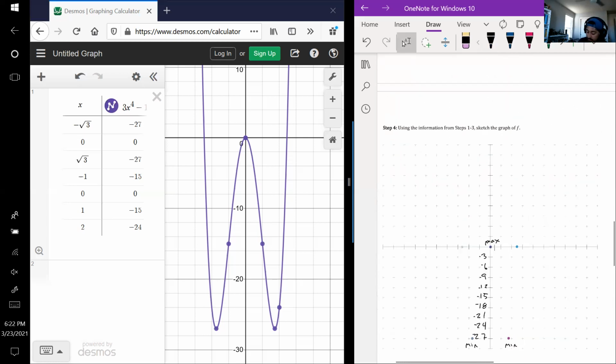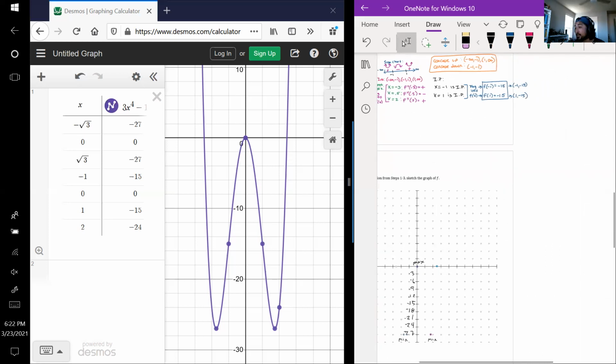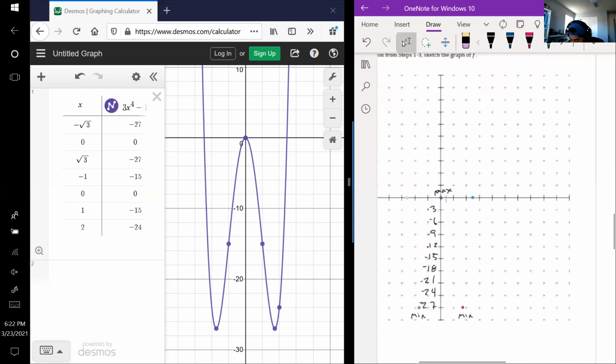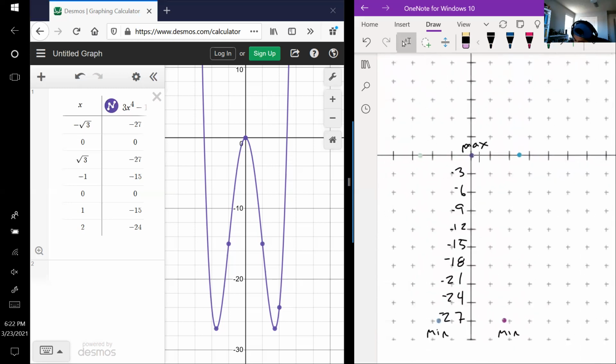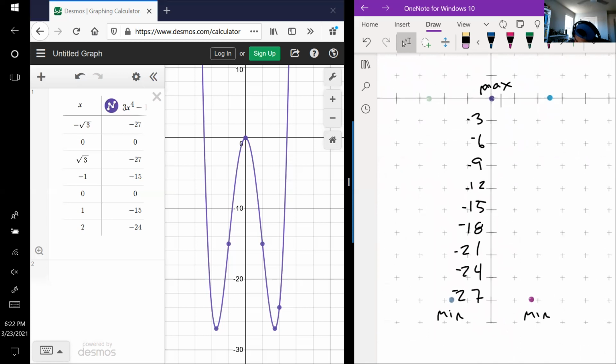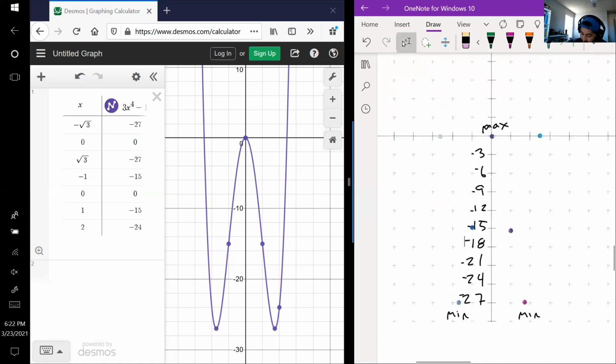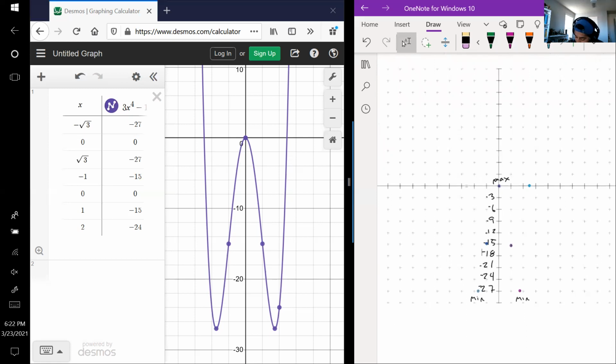Last thing to plot is the inflection points, (-1, -15) and (1, -15). Right there and right there. Okay. Whew. We're ready. I have everything plotted.